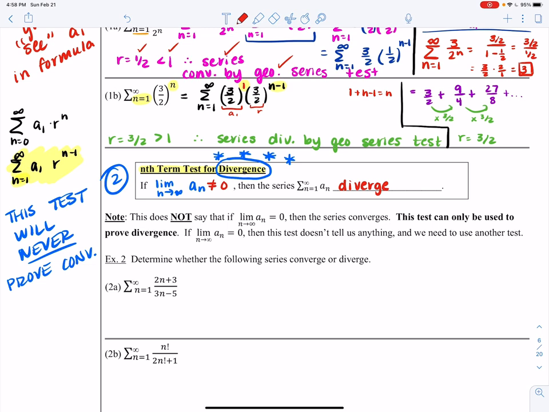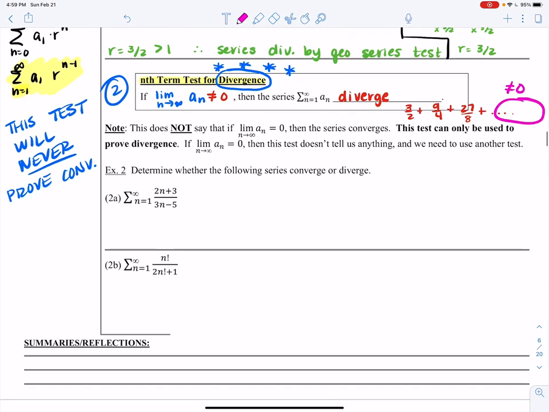Okay, let's think about, for example, something like the series we just had above. 3 halves plus 9 fourths plus 27 eighths plus ... If the terms that are out here, way out here, are not going to 0, then I'm going to keep adding on stuff. And if I keep adding on stuff, how can it possibly have a sum?